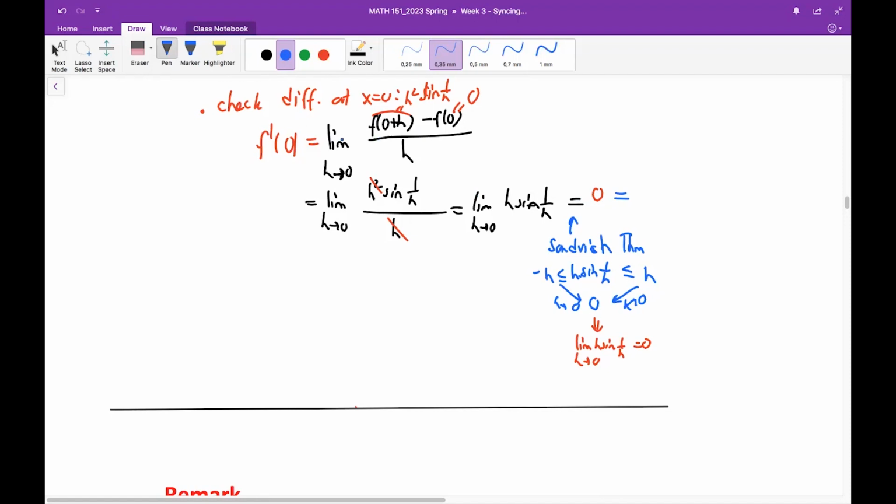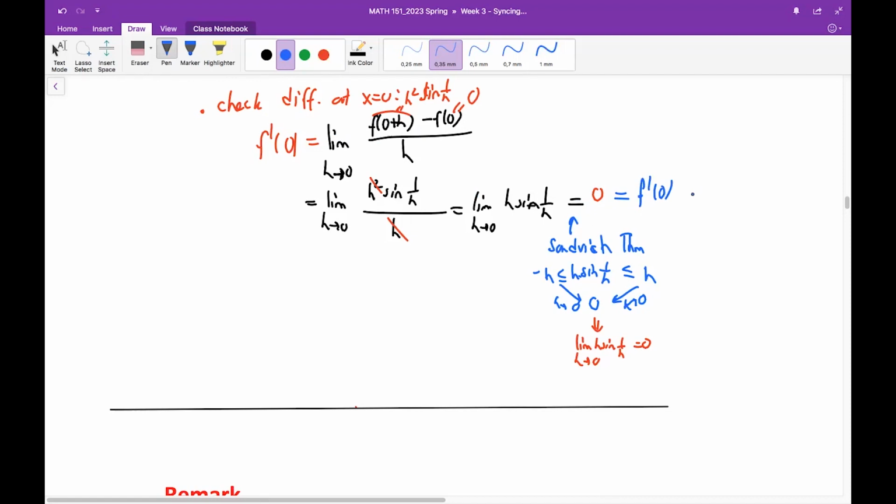What does this mean then? The result of this limit gives you the value of the first derivative. So this is the first derivative of the function, and the slope exists as 0. Let's write some conclusions here.